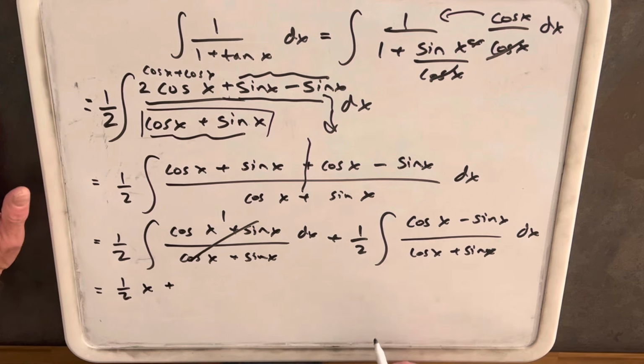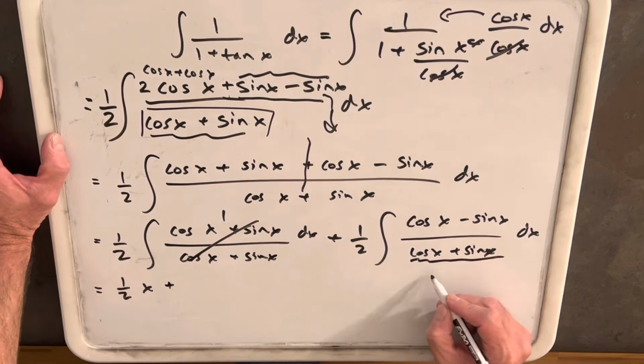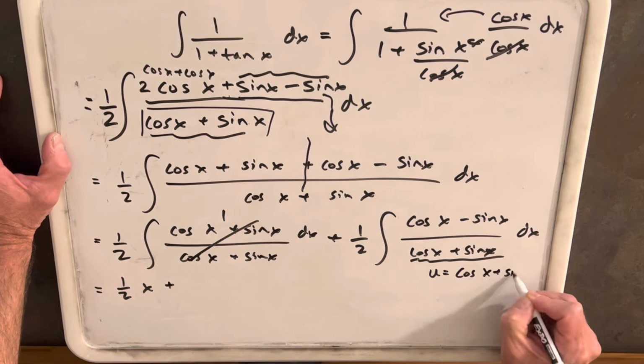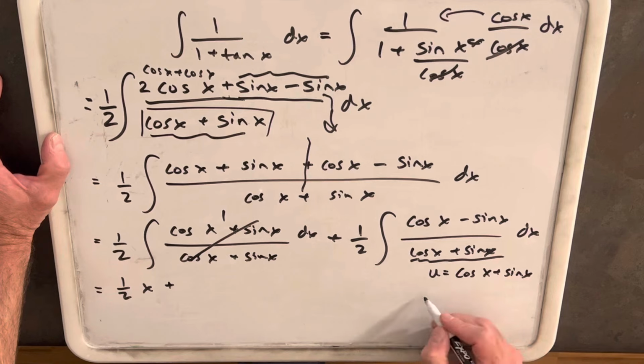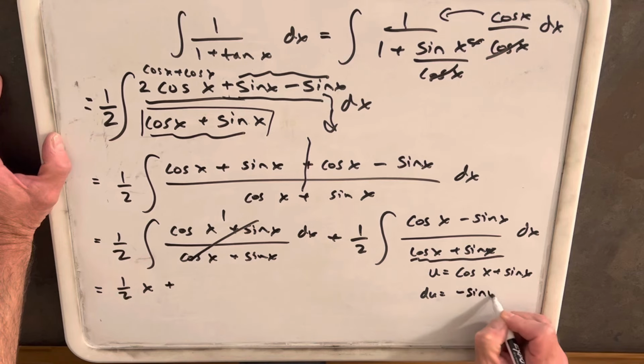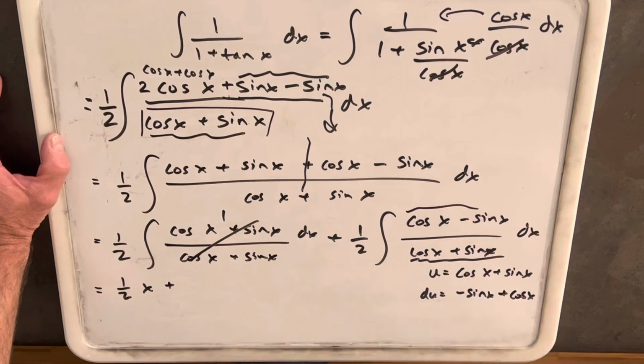And then for our second integral, we're going to do a u sub. So we're going to call this piece u. And then, like I mentioned before, if we just take the derivative of this, we get minus sine x. I just got the order wrong, plus cos x, but that's what we have up here.